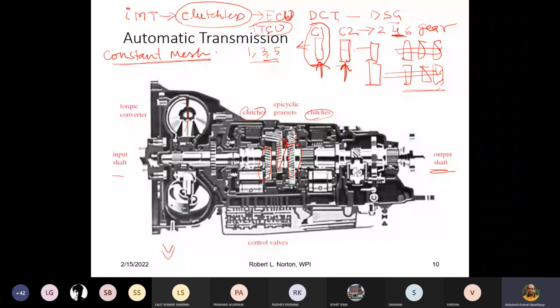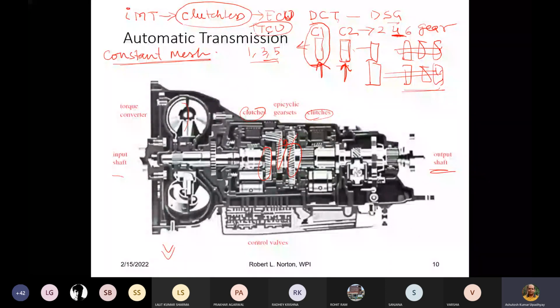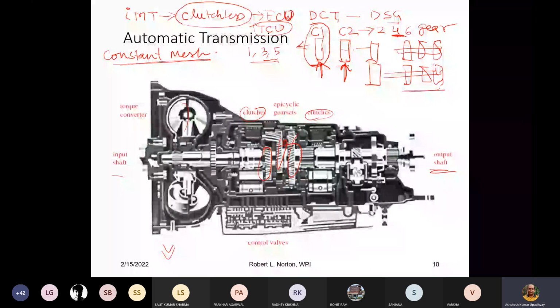Automatic means you do not need to do anything, you just select the kind of drive you are interested in: reverse, neutral, and forward. There are a few codes, R, N, P, D kind of thing. I will show you how this epicyclic gear set is acting. I have 1 or 2 slides. Then I will tell you about the torque converter a little bit.